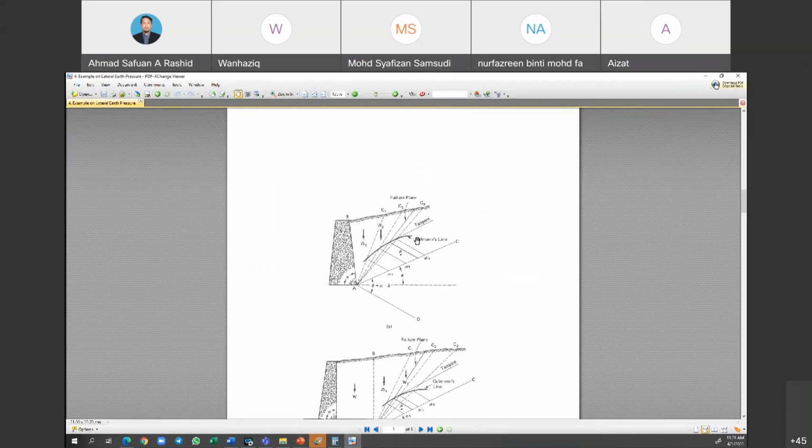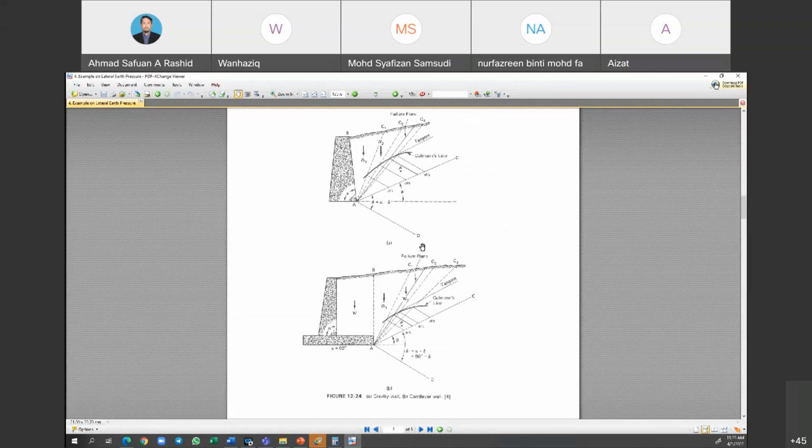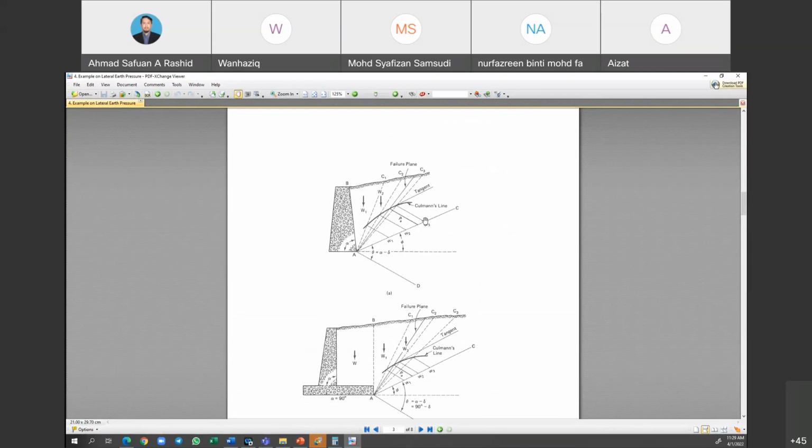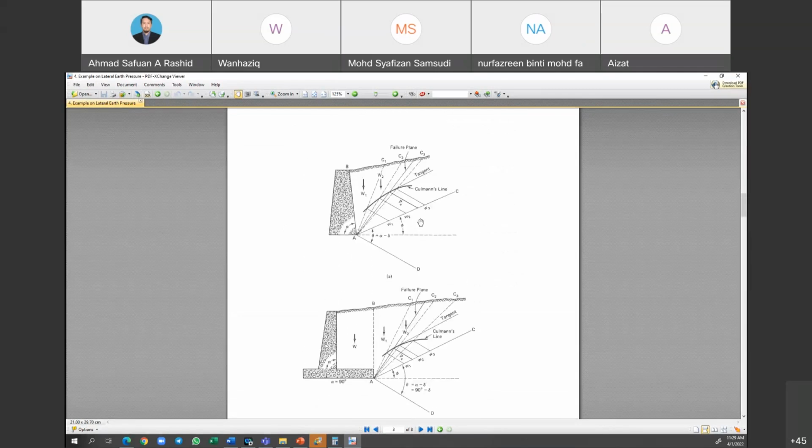So this is based on the problem of A. We look at this first on the gravity wall. The difference is the theta. For example, first we need to construct the AC.